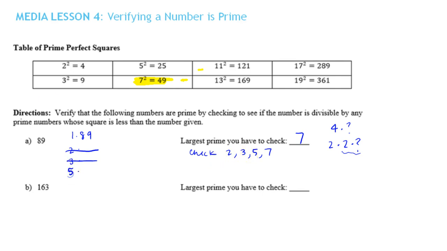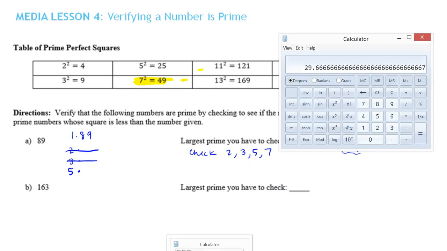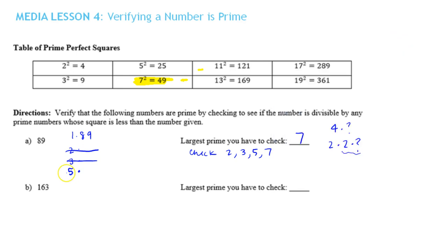5 is another one that's nice and easy to check. A number is only divisible by 5 if it ends in 0 or 5. 89 does not, but just to verify it, divide and see if we have a remainder, and we do. So it's not divisible by 5. Normally we would check 6 next, but again, if it was divisible by 6, 6 is 2 times 3, then it would have been 2 times a number or 3 times a number, which we know it's not.